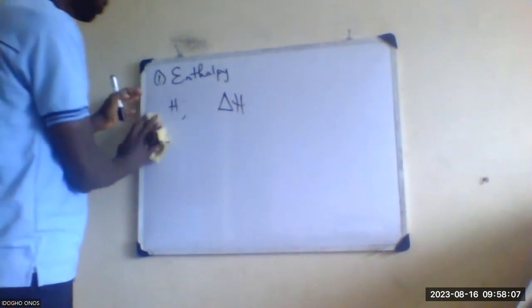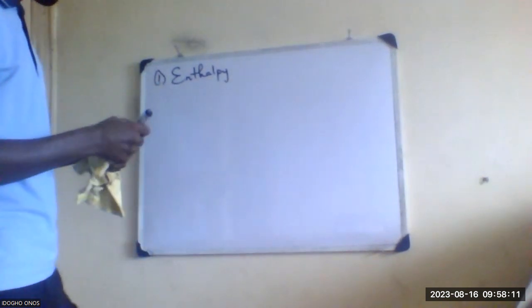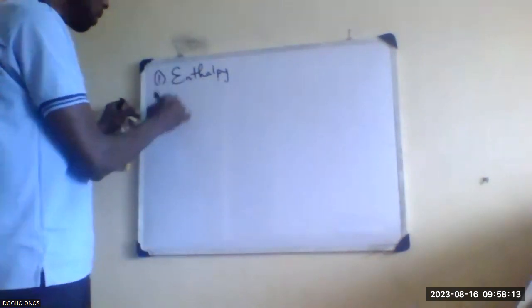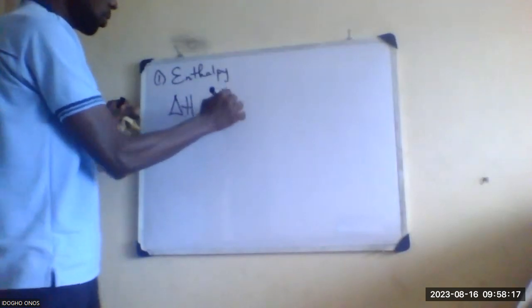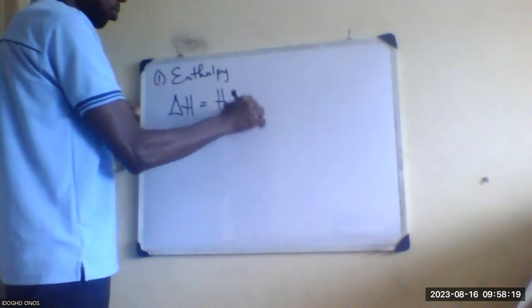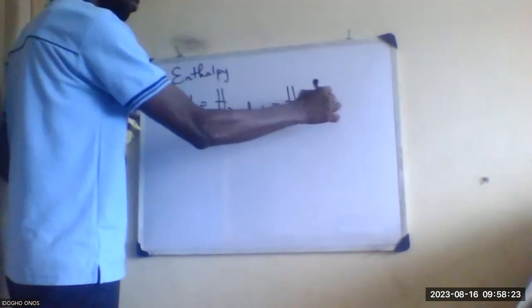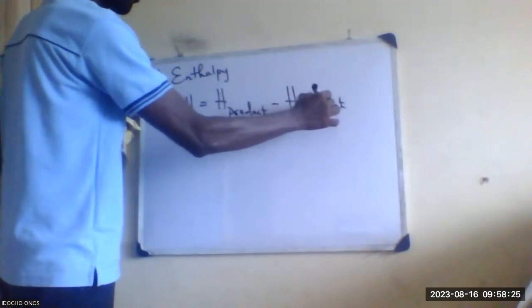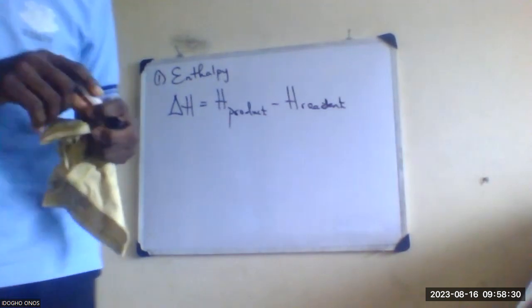Any question? No. Okay, then we can now write mathematically: enthalpy change is equal to heat of product minus heat of reactant. That is the formula for calculating enthalpy change.